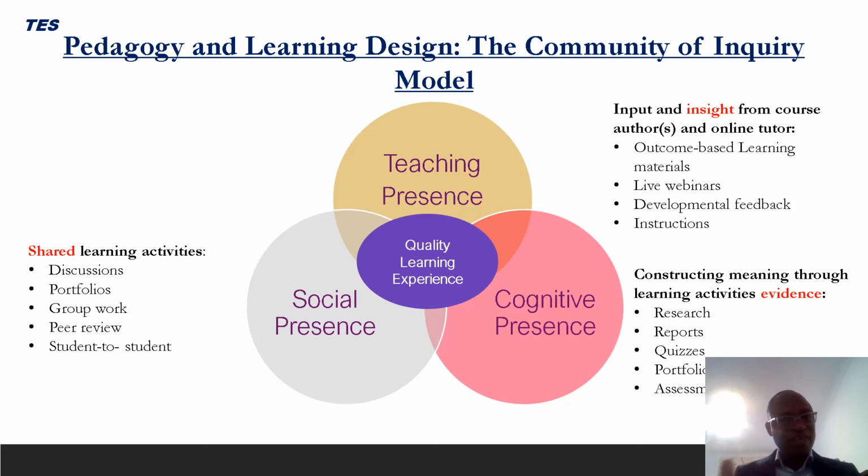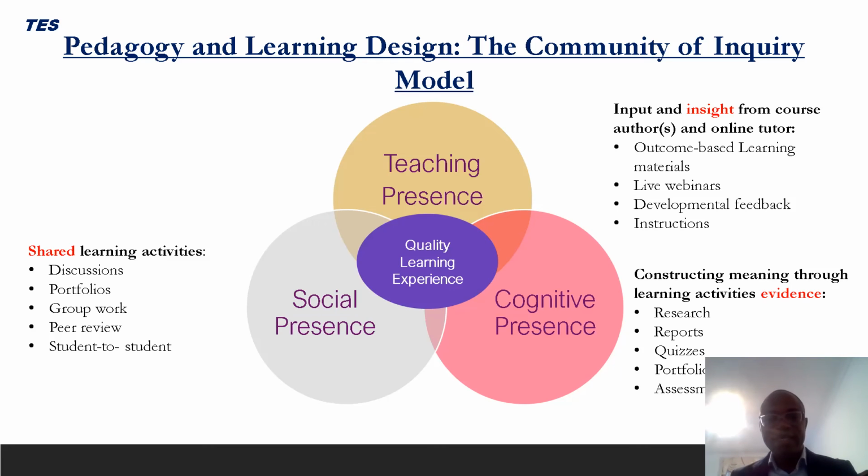So see yourself as facilitating the process. So you are designing the outcomes using effective learning activities and materials. There are live webinars. There is feedback, which is a very important process of learning. Because if you don't give feedback to students, they aren't going to know whether they are right or wrong.